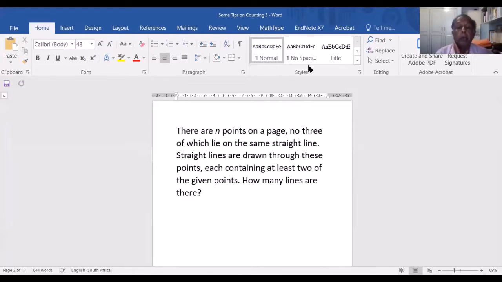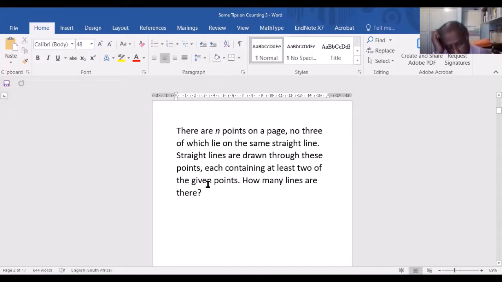Before we launch into that particular question, we did not have time to finish some interesting problems in the second session. So what we will do now is run through those problems and finish off problems regarding the arrangements.